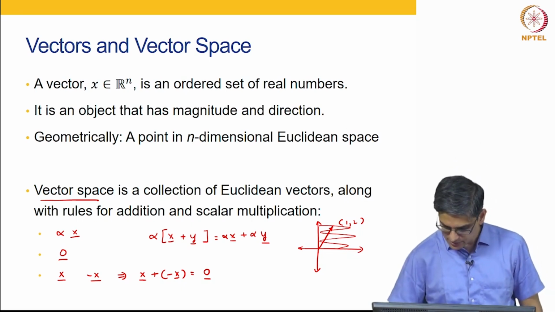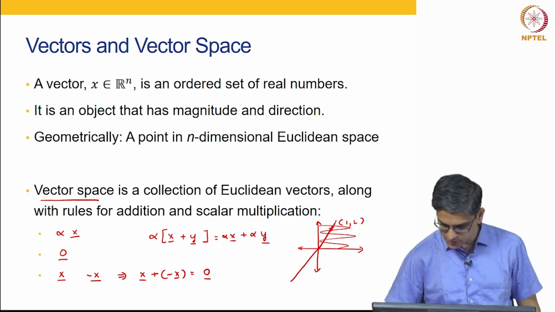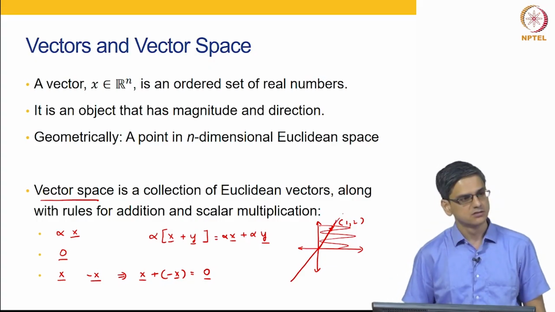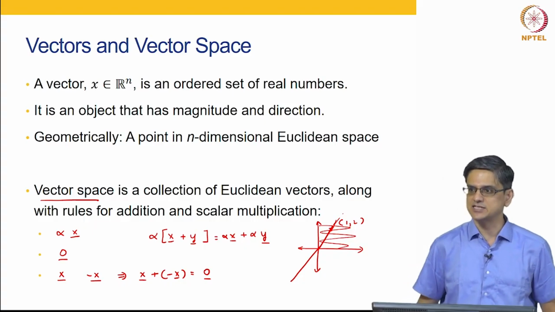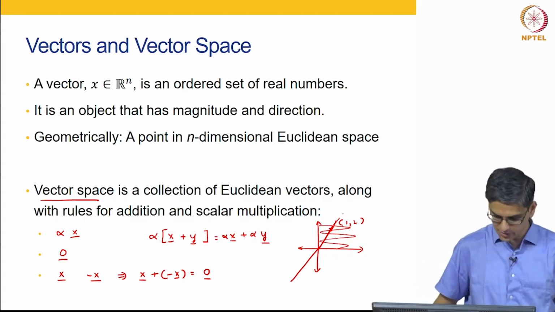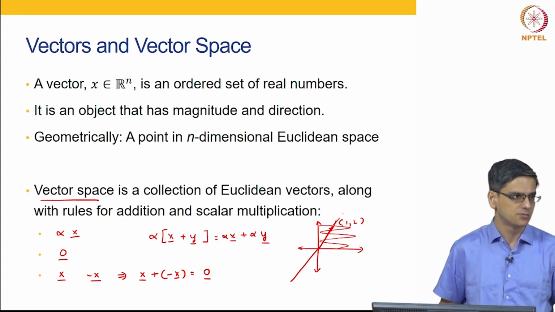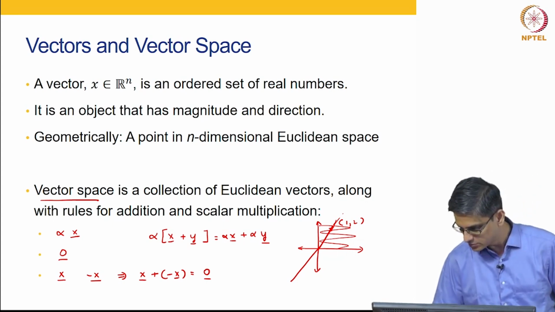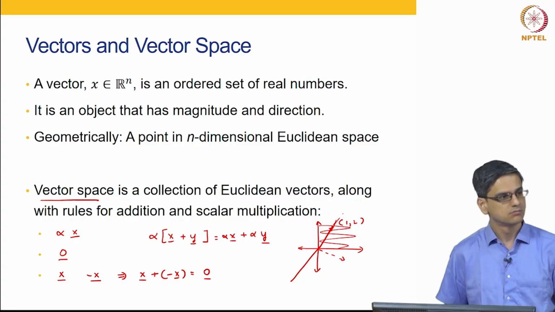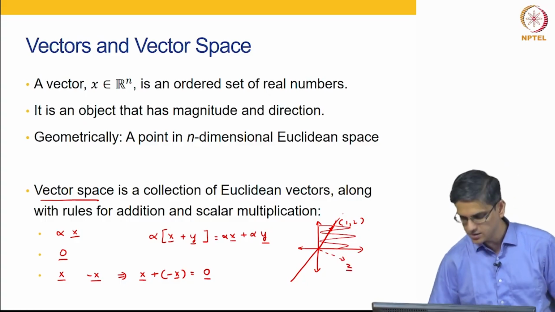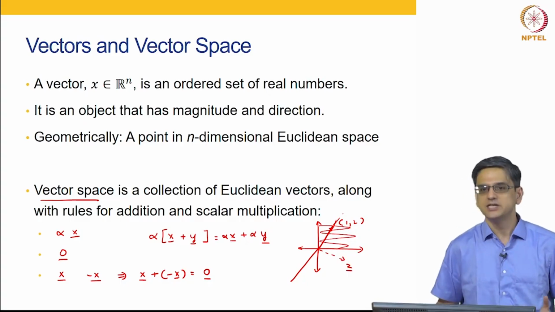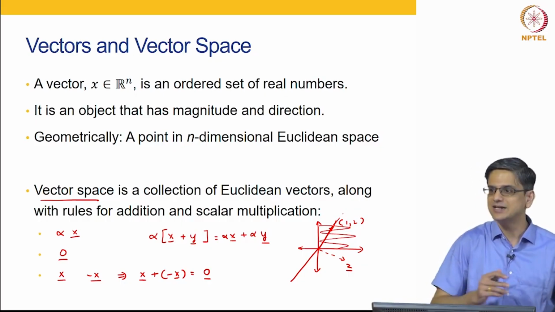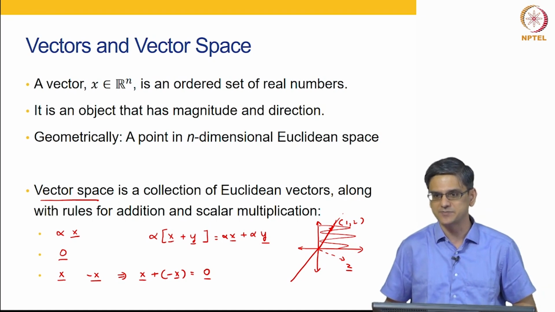On the other hand, let us say we had this particular line which passes through the origin. That line is a vector space. Why? Because all of these rules that we talked about will still be valid. This particular vector, let us call that z bar, is immaterial to that particular vector space because z bar does not exist in that vector space.